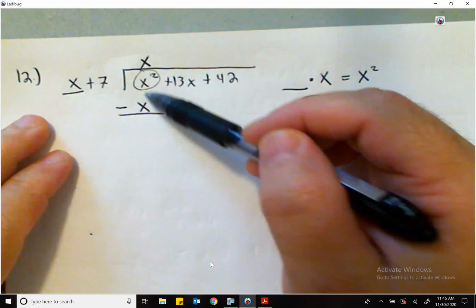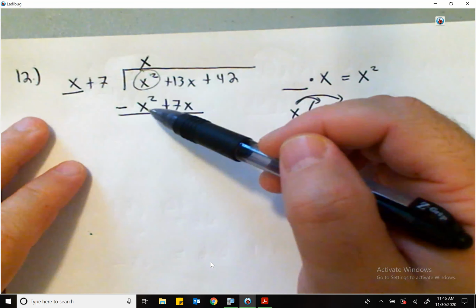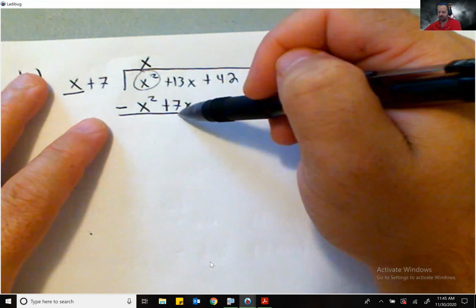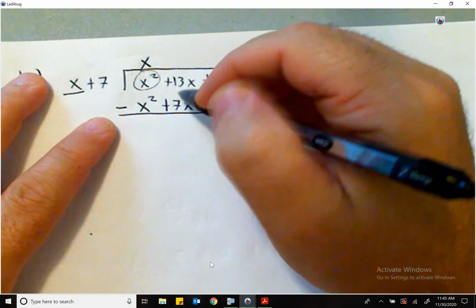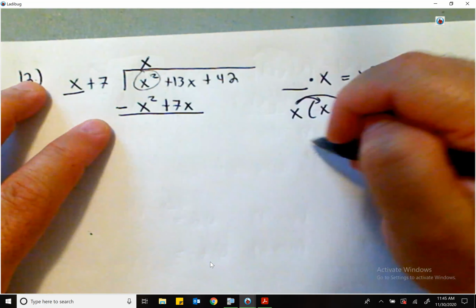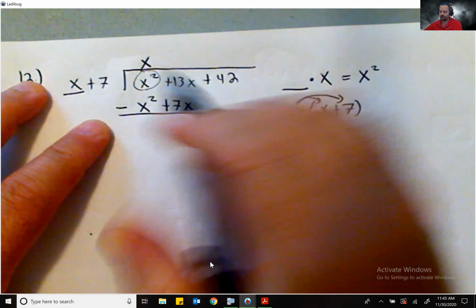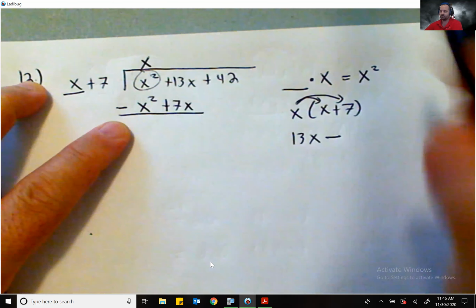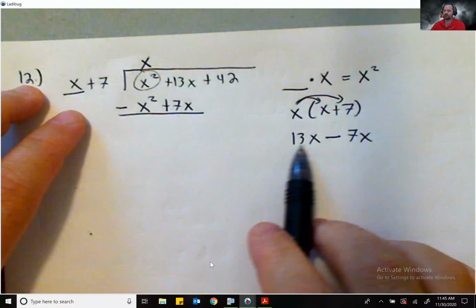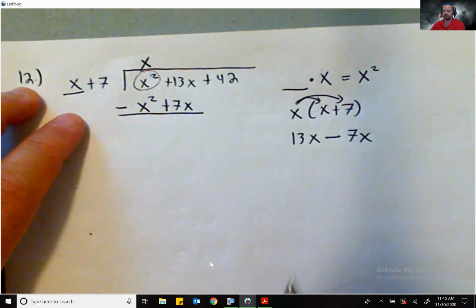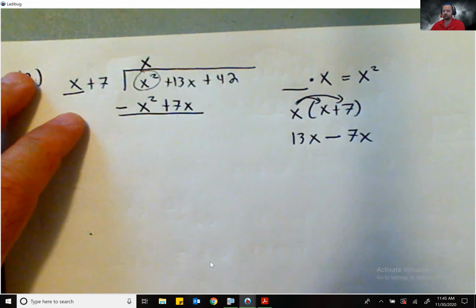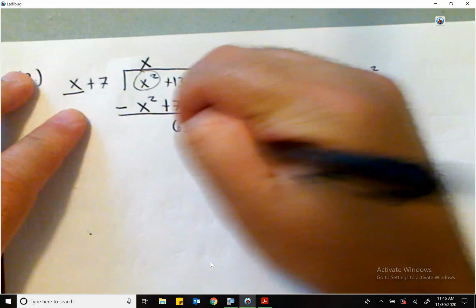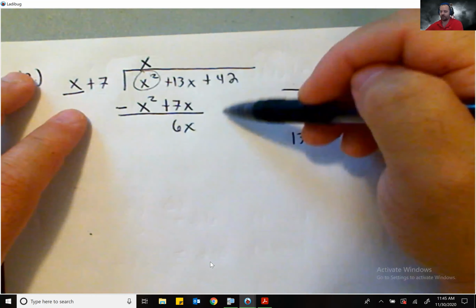Cancel. Which we knew was going to happen. And then I always come over here and subtract down, and I always write this out. So I have a positive 13x, and I'm subtracting a positive 7x. So what is 13x minus 7x? 6x.